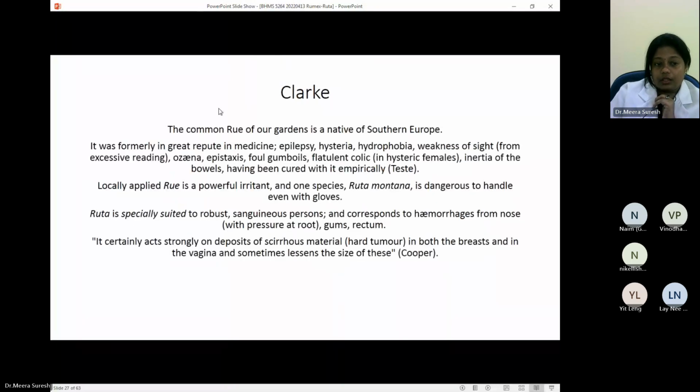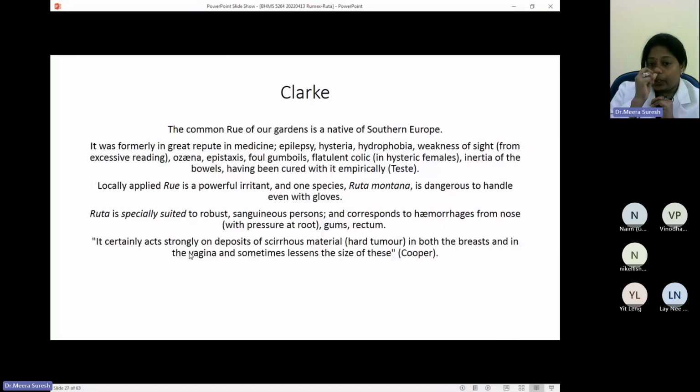Then Clarke talks about the nativity, and the initial part will be regarding what symptoms were available in the old school, because all our medicines were in old school medicine. How did they use that? Any medicine was indicated for some condition. To know how it will act homeopathically, they took that medicine and tried to prove it.